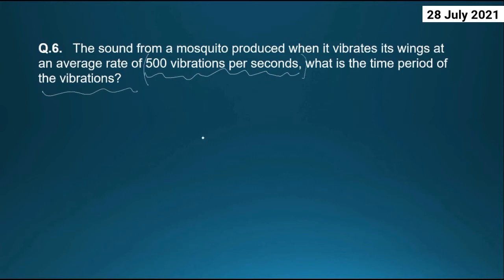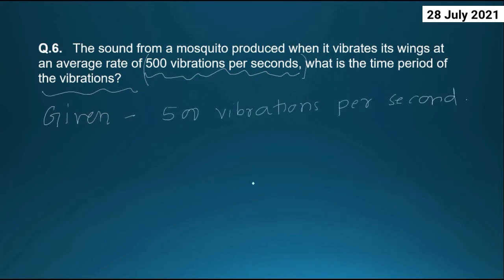What does it mean? What is given here is 500 vibrations per 1 second. And what do we call that number of vibrations per second? That is frequency. That means what is given here is frequency, because frequency is the number of vibrations per second.